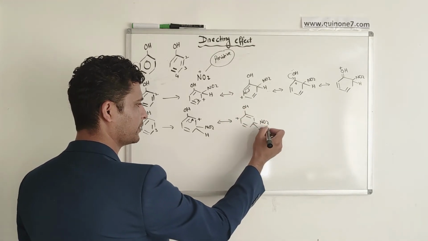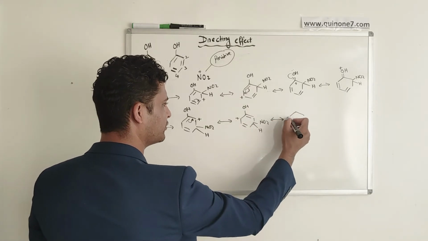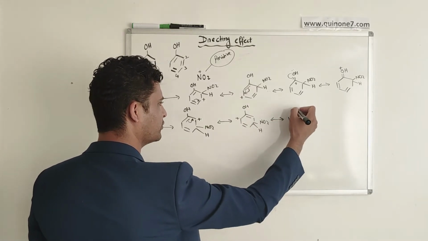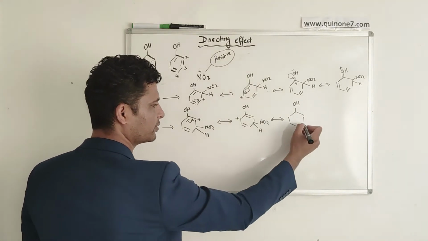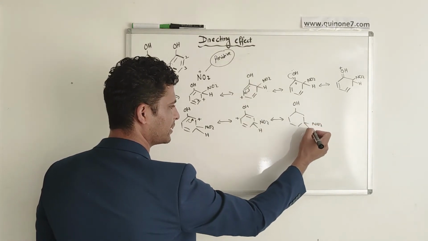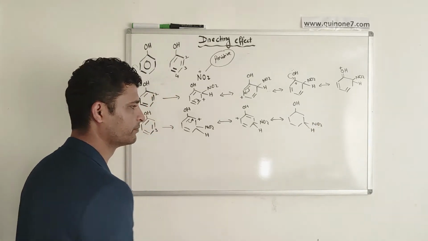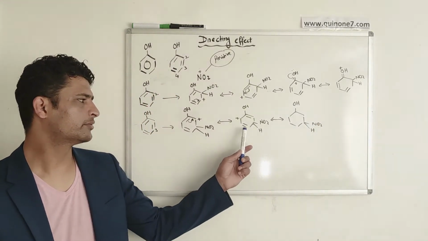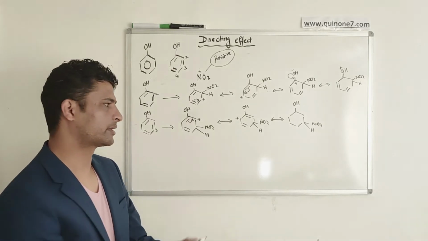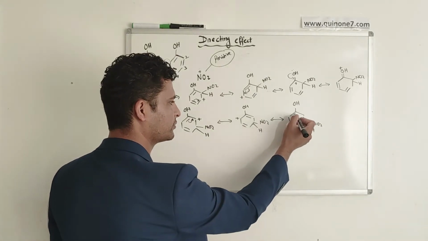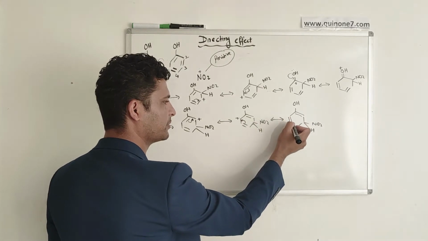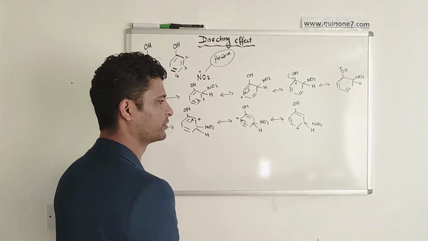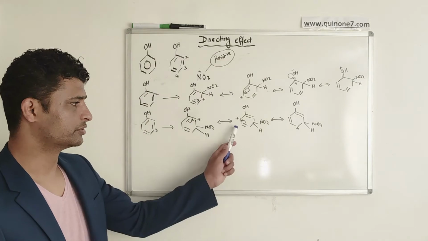NO2 and hydrogen. After that, you will see that you have the hydroxyl group there as it is, you have the NO2 group as it is, and then you have hydrogen there. Now this double bond obviously goes back on that position. Once it goes there, the positive charge disappears and a double bond will appear there, and the positive charge will jump 2 positions from there to there.